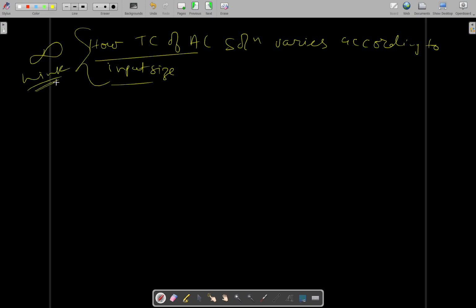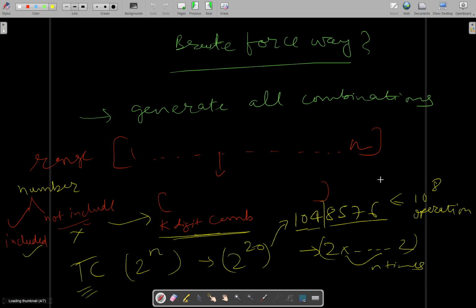You can check that article, explore it, and come back to the solution. For now, what I can tell is, in 1 second, you are allowed only 10 raised to power 8 operations. So for your solution to be accepted, it should be lesser than 10 raised to power 8 operations. Otherwise, you may get a TLE. So this will not give us TLE. Solution will be accepted.